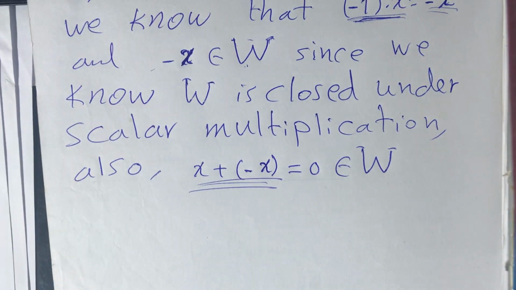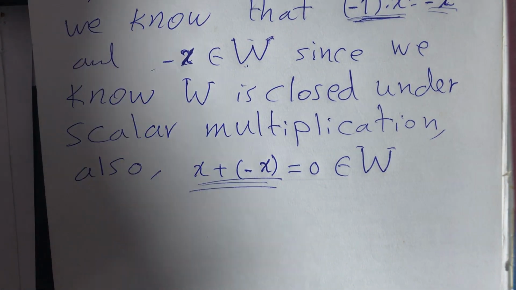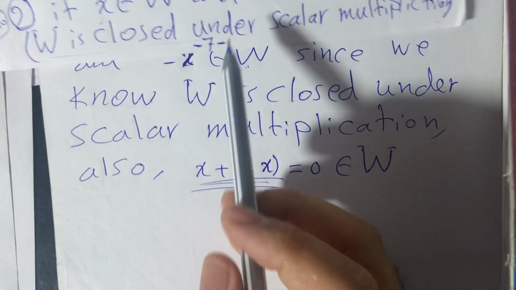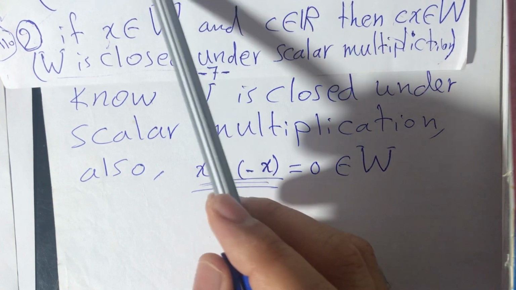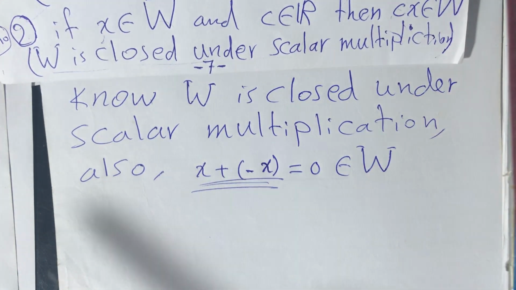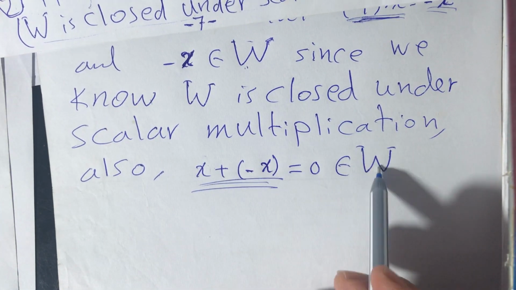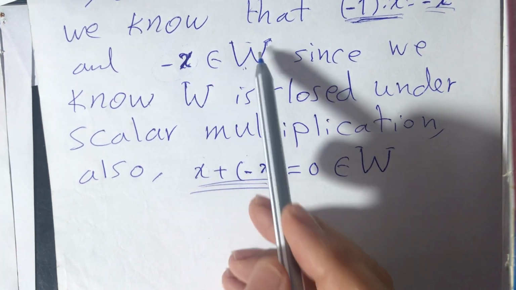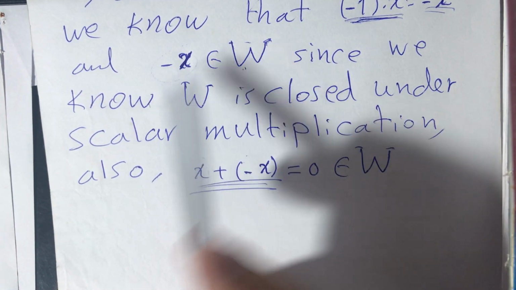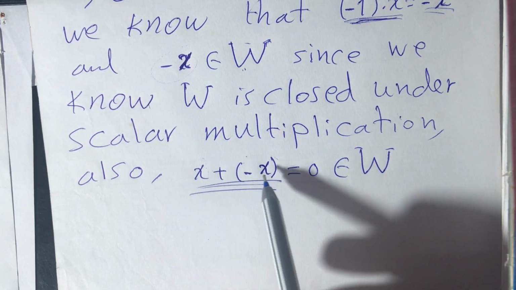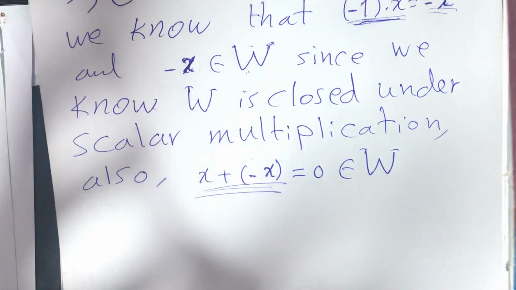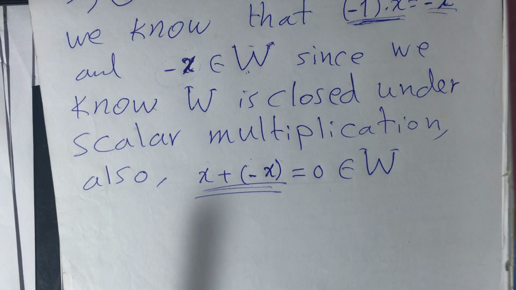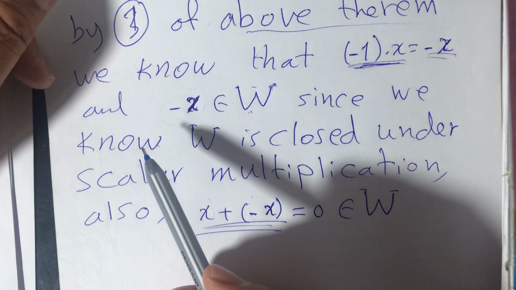Because in the theorem, number 1, x, y belong to W, so x plus y belongs to W. So here x belongs to W and minus x belongs to W, so the sum of them equals 0 belongs to W by 1. That is A9.